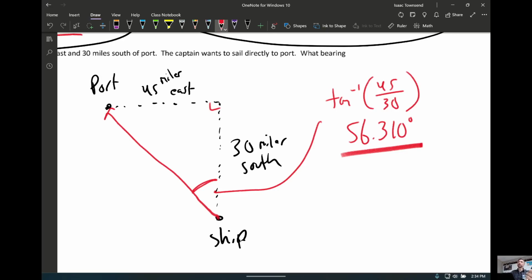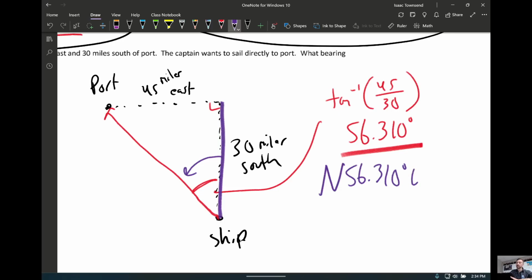You can't tell someone, directions to Walmart, go 56 degrees. That doesn't mean anything to anybody. But you could say from the north line, turn 56.310 degrees towards the, if I want to go towards the left, that's towards the west. That would be an acceptable answer.